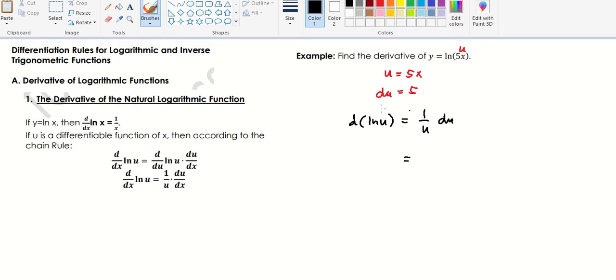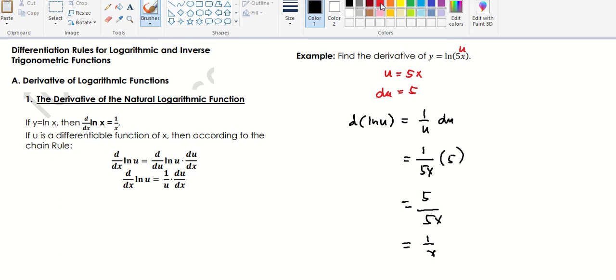So, in here, we will just substitute the values here. So, we have 1 over, what's our u? 5x. And our du is 5. So, we can have 5 times 1, that is 5, over 5x, which is equal to 1 over x.